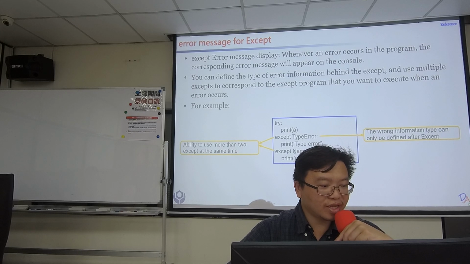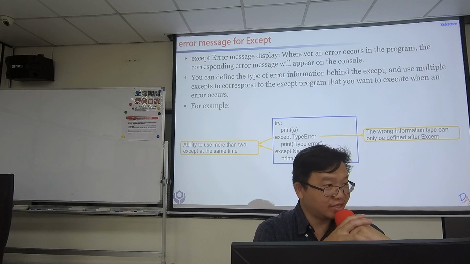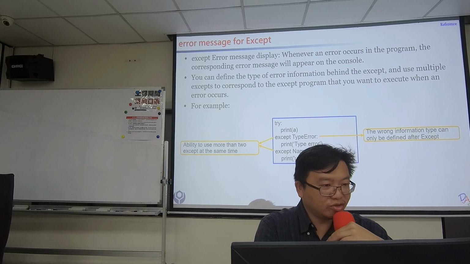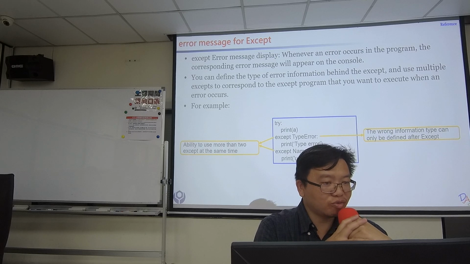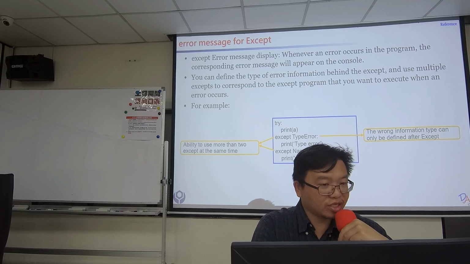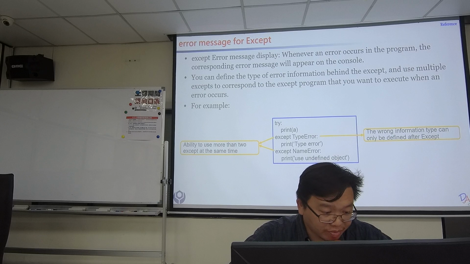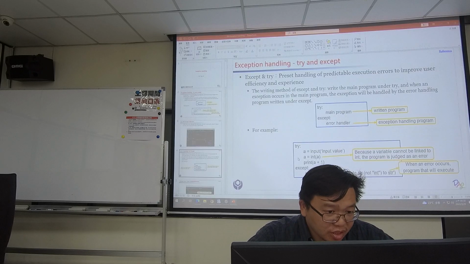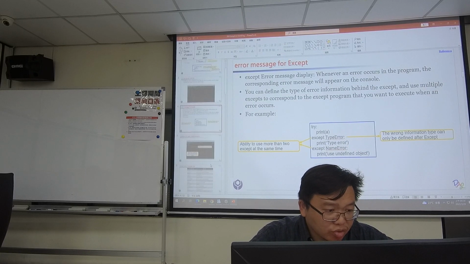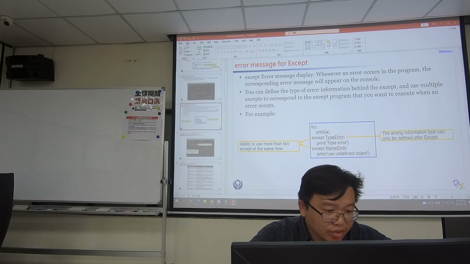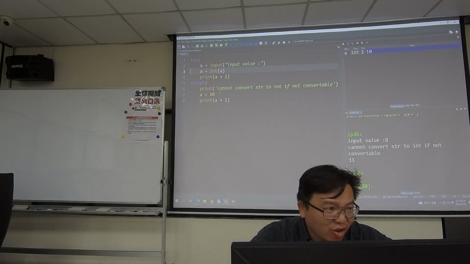And the other one is the name error. So when a variable has not been defined, undefined, then you must have chosen the wrong name of the variable. So it's categorized as name error. Okay? So we can try those in the Python code.